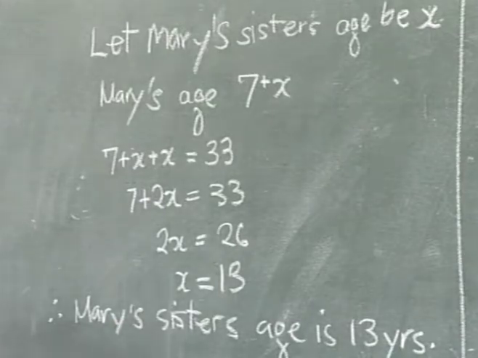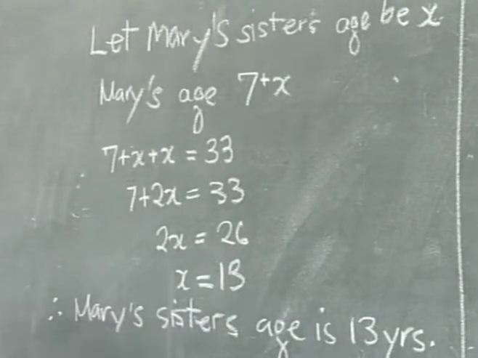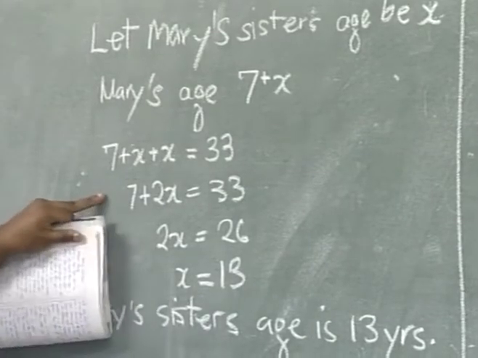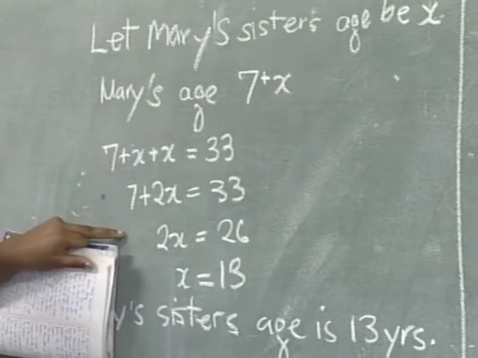For Mary's sister's age, we let her age be X. And Mary's age, because Mary is 7 years older than her sister, it will be 7 plus X. So the equation would be 7 plus X plus X equals 33.